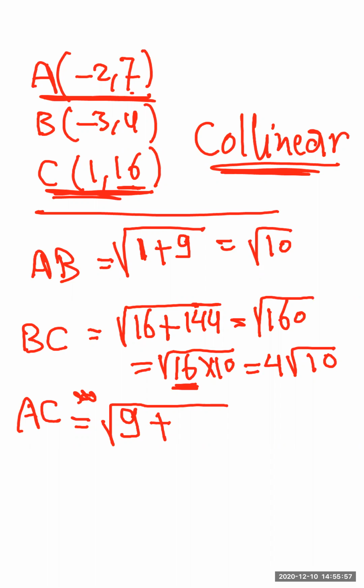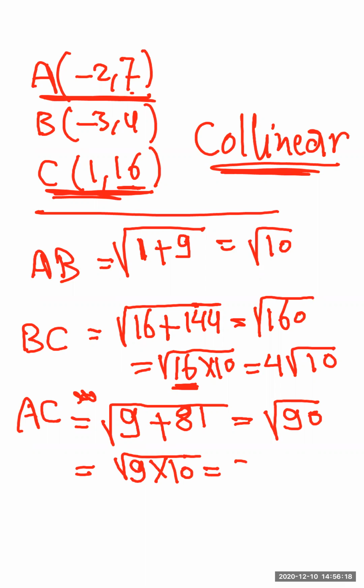So 9 squared means 81. So now it will equal the square root of 90. Actually, the square root of 90 equals 9 times 10. So it will equal 3 square root of 10.